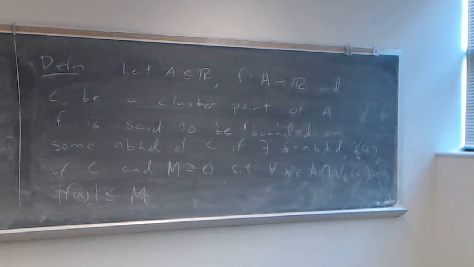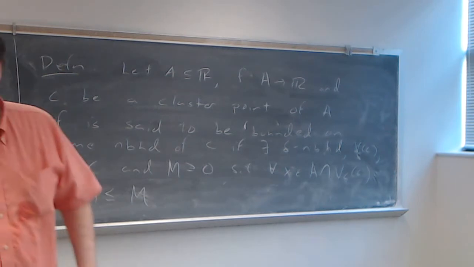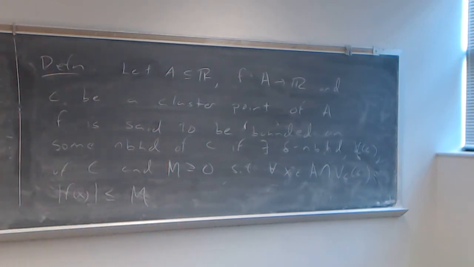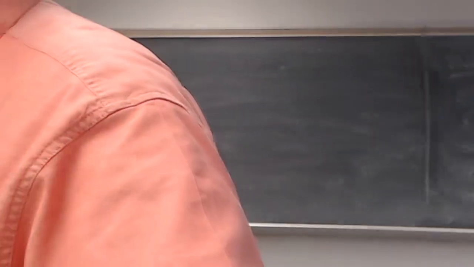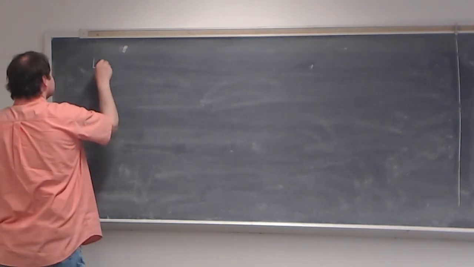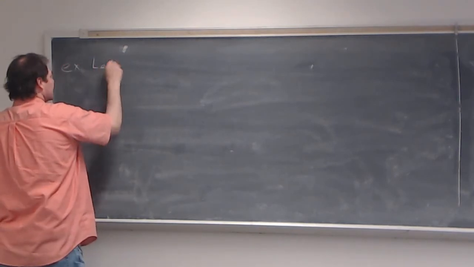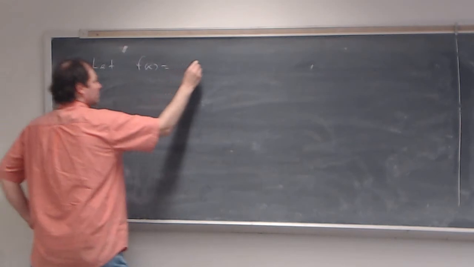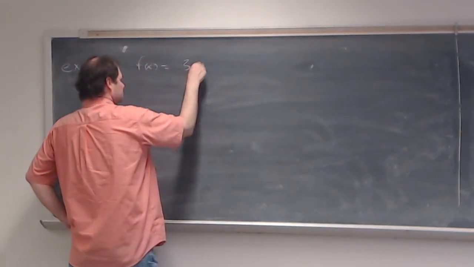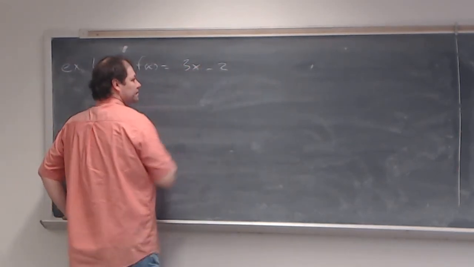So we're going to do an example, look at it graphically, and then the algebra part of it, the symbolic reasoning behind it. I don't want to do the same example I've been giving you. So as an example, let f of x be equal to 3x minus 2.